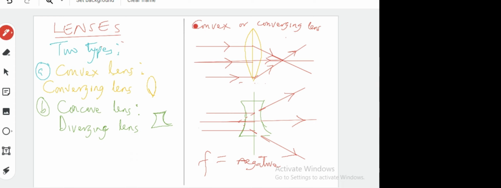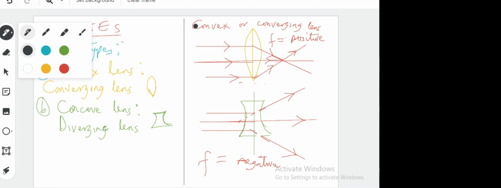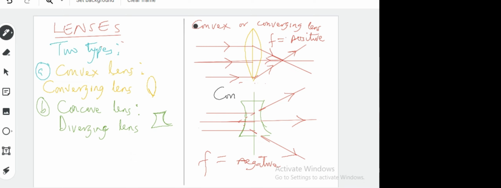You know, F is positive because it has a real focus. That's for convex lens. Remember, this one is concave, or divergent lens, diverging lens.